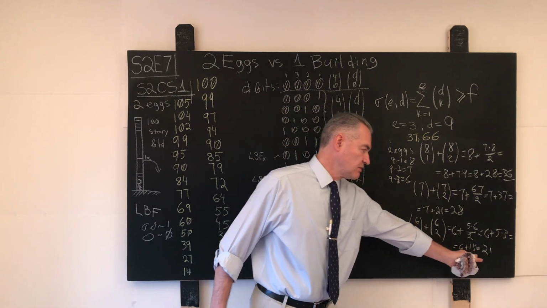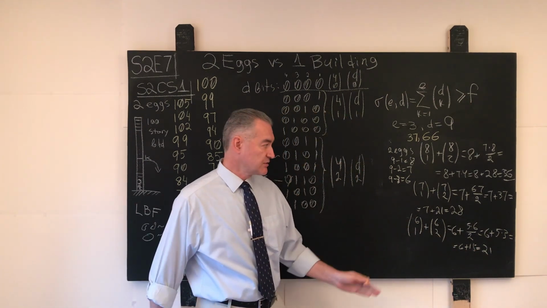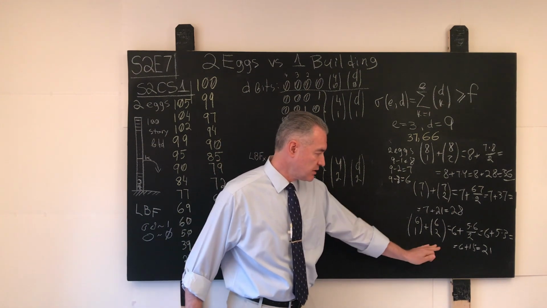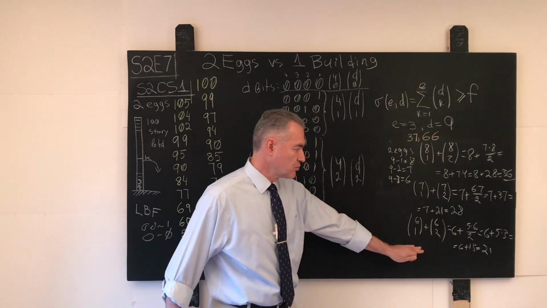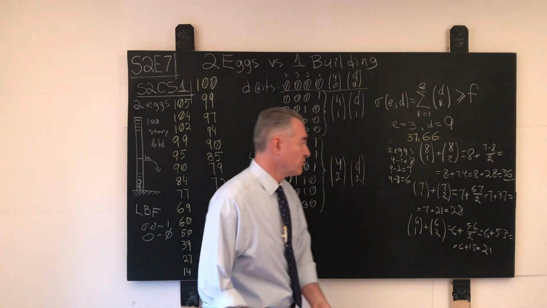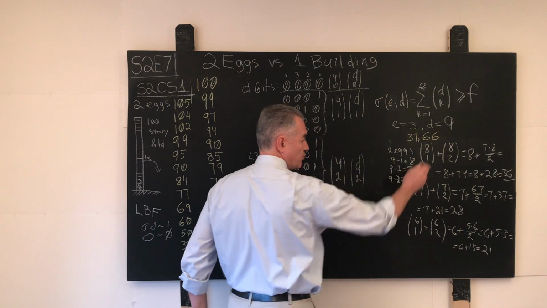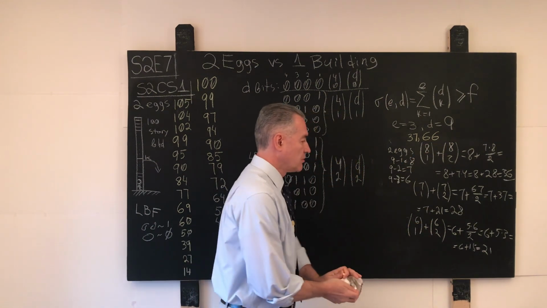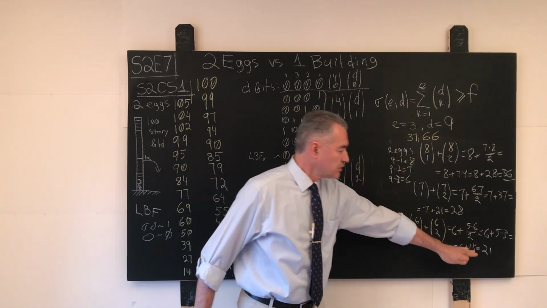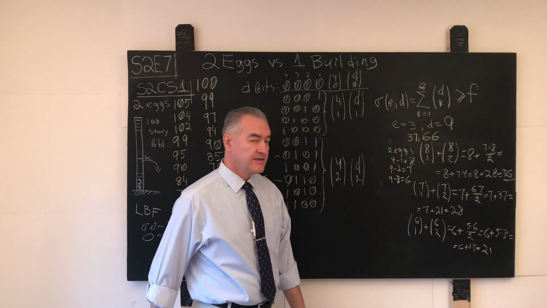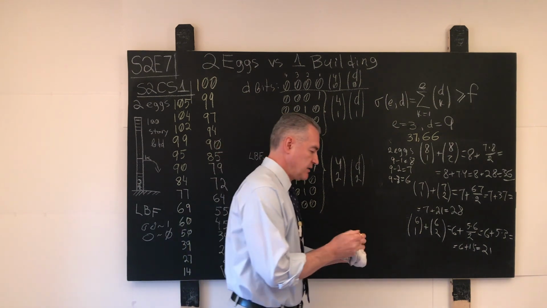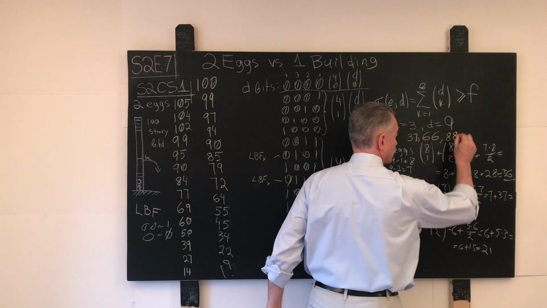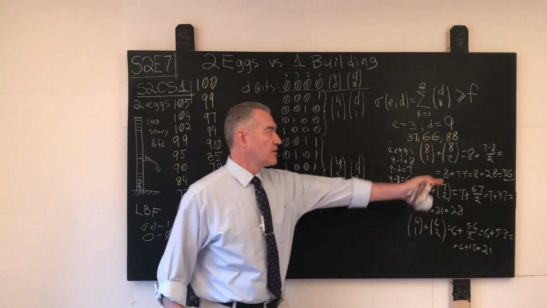Again, we could have simply realized that it's the previous smaller triangular number, but the sum of binomial coefficients wonderfully works out to 21. So the third floor from which we will throw our first egg will be what? Let's do it in our minds. 66 plus 21 will be 87, plus 1, 88. So we will throw egg number 1 for the third time, if everything works out nicely, from floor number 88.